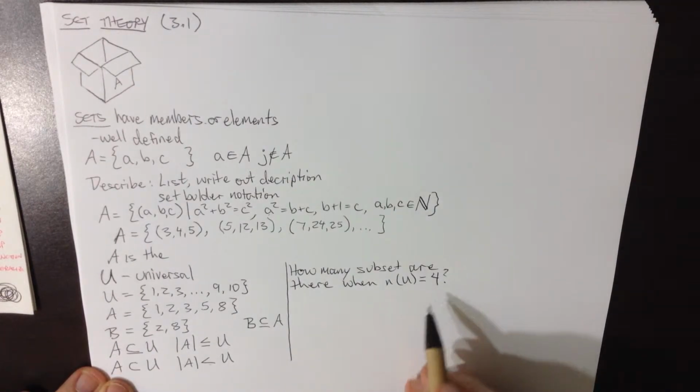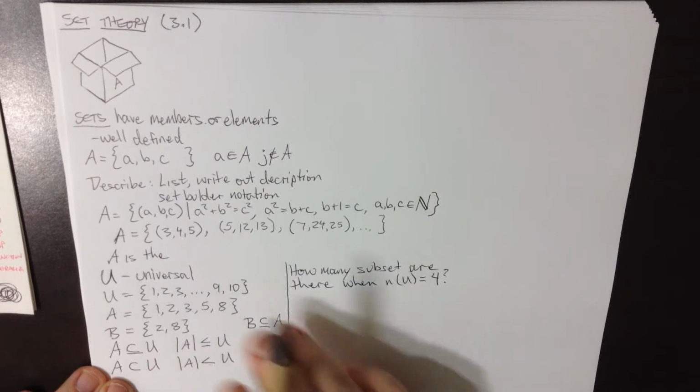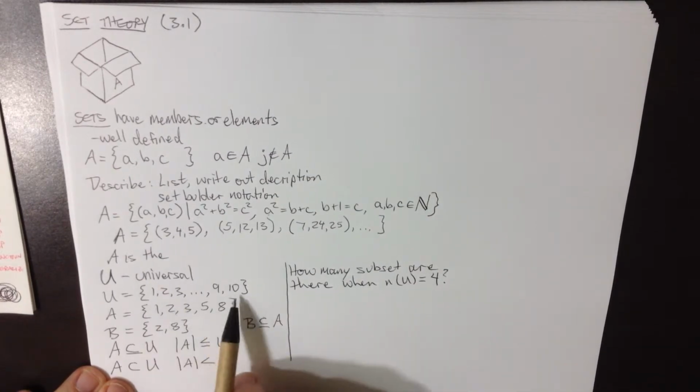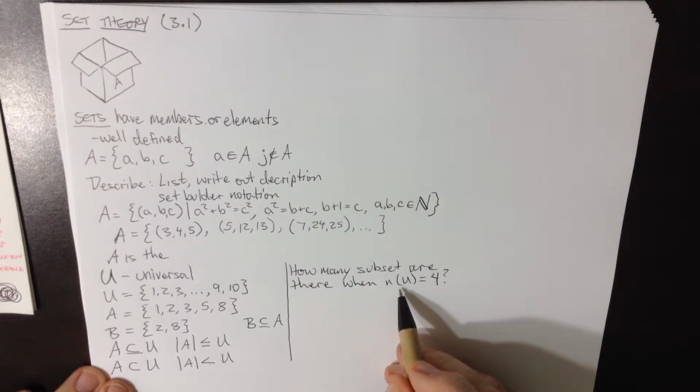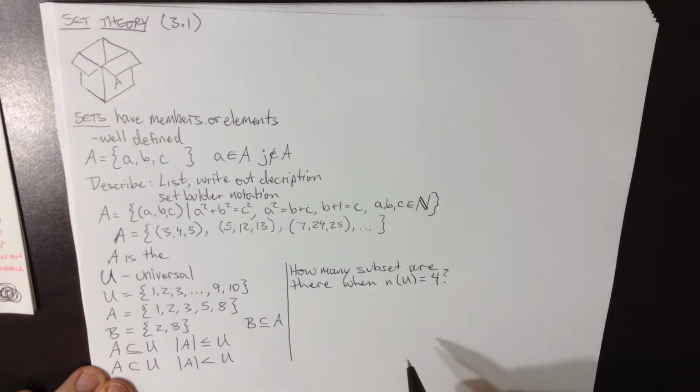There's just different notation. When the universal set just has 4. This one over here has 10, but now we're looking at a different one. I don't want to start with a big problem like this. Let's start with something simpler.